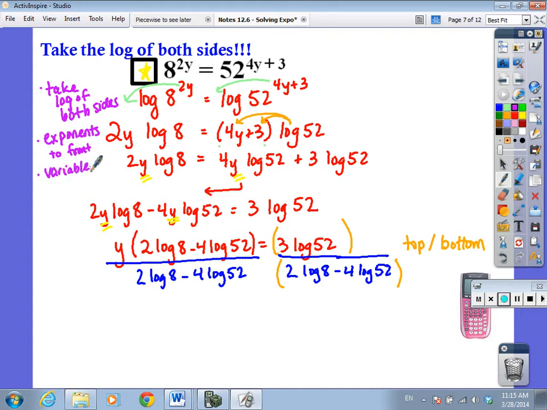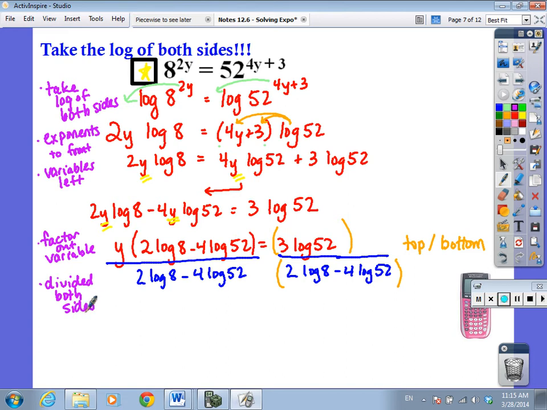In this problem, I didn't have anything non-variable, so I would say variables left, non-variables right. I wanted to make sure that I could factor out my variable, and then the last thing I did was divide both sides by whatever was multiplied by that variable. Remember your parentheses in the calculator.